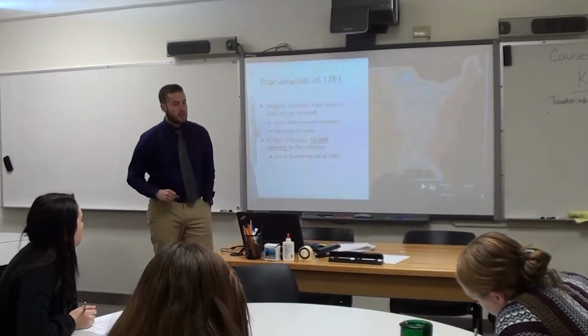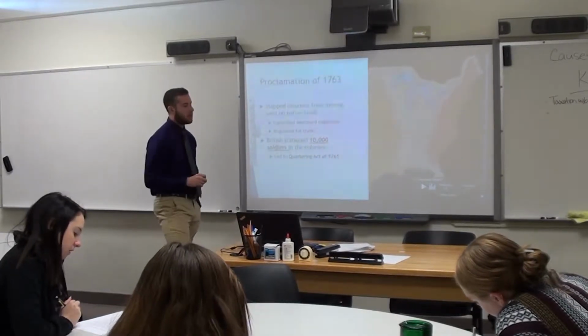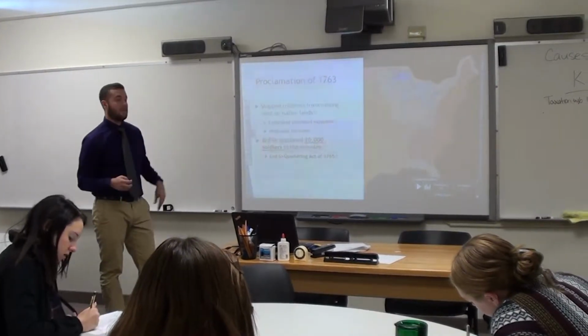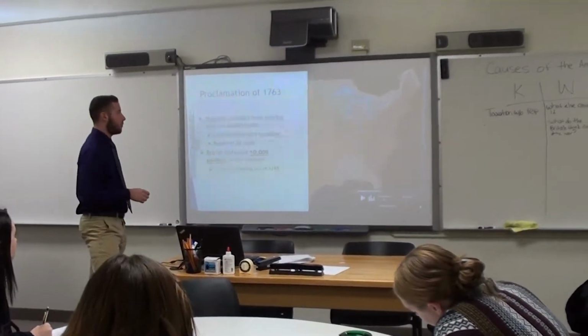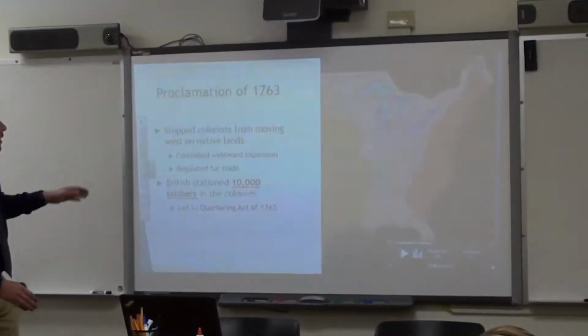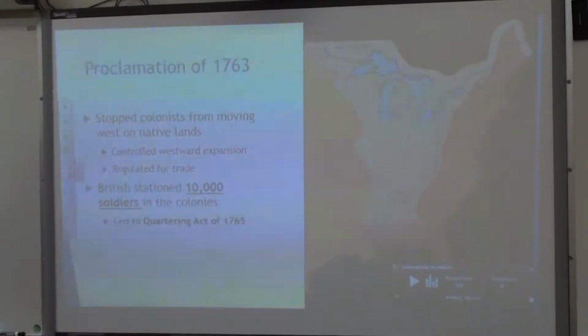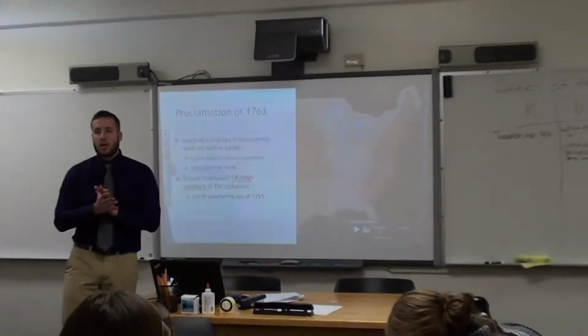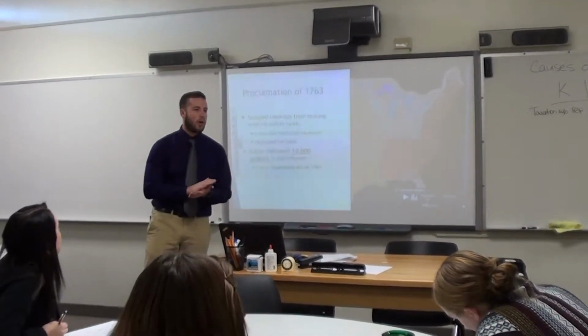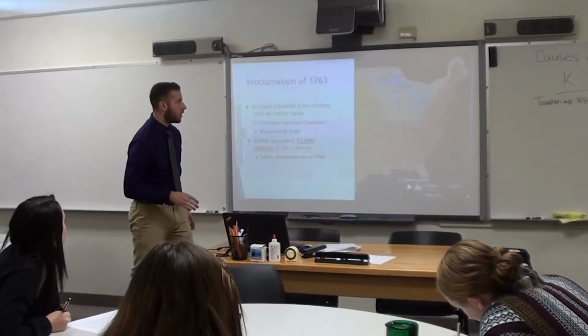So, in 1763, the Proclamation of 1763 was created by the British government to stop colonists from moving west on native lands. This was a major effort to control and keep colonists in one general area.